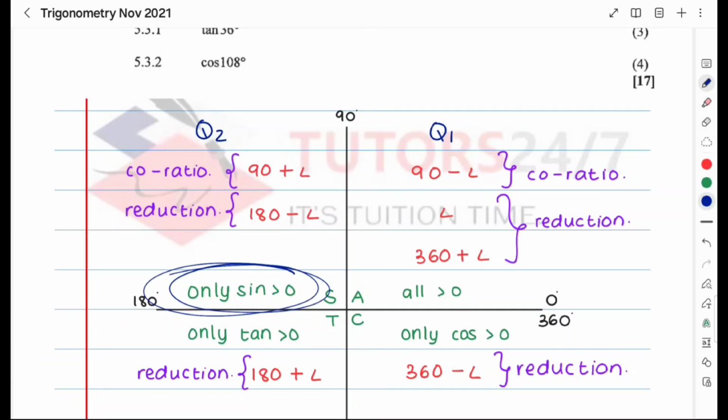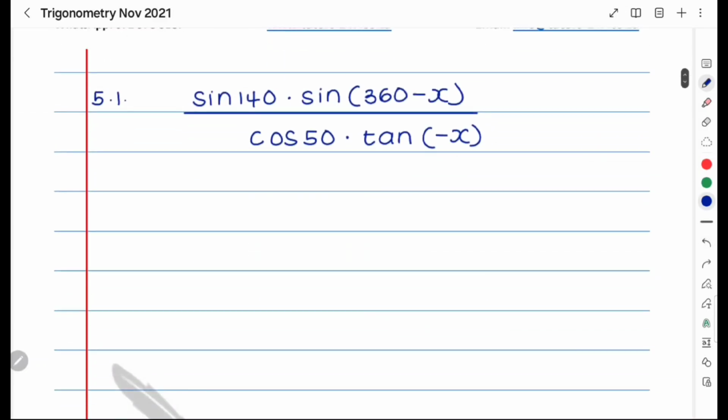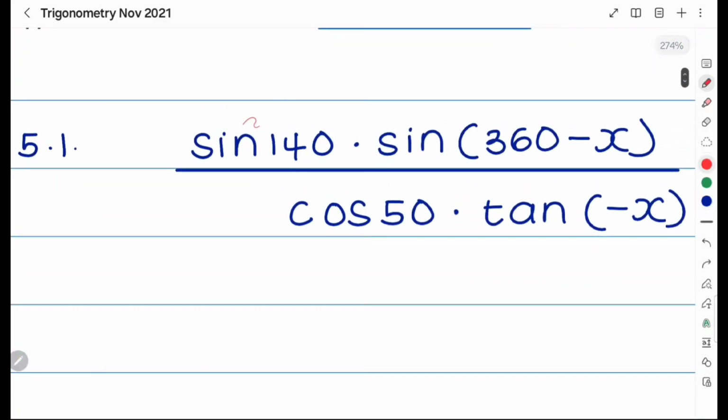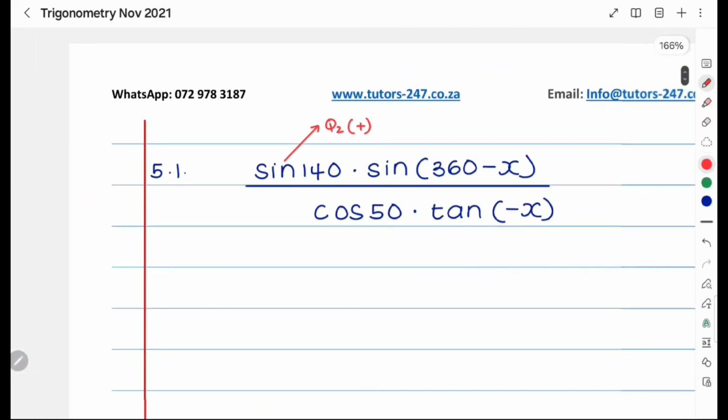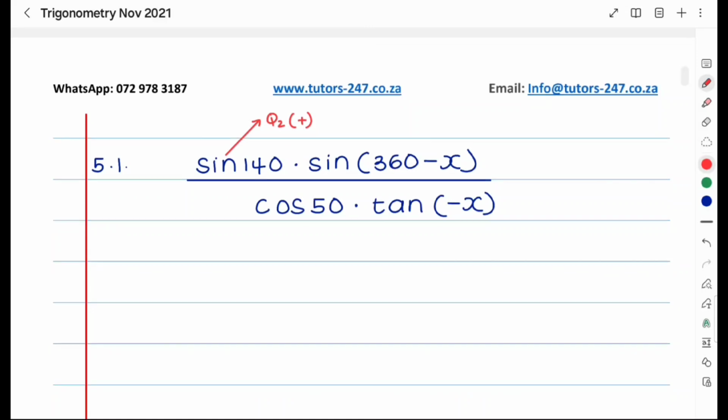Next, we need to reduce the angle of 140. So we are going to use the reduction formula in quadrant 2, which is 180 minus the angle. So let's just make a quick note. This is in quadrant 2 and it is positive in quadrant 2. Now, to reduce this angle, we are going to do it on the side quickly.